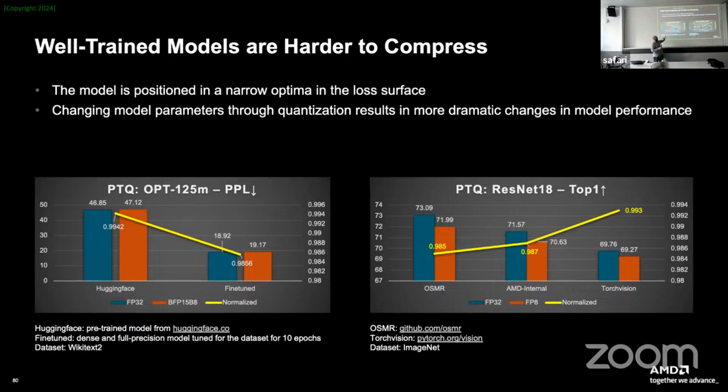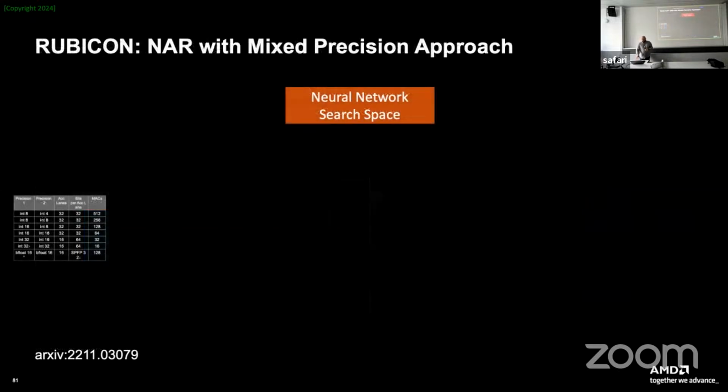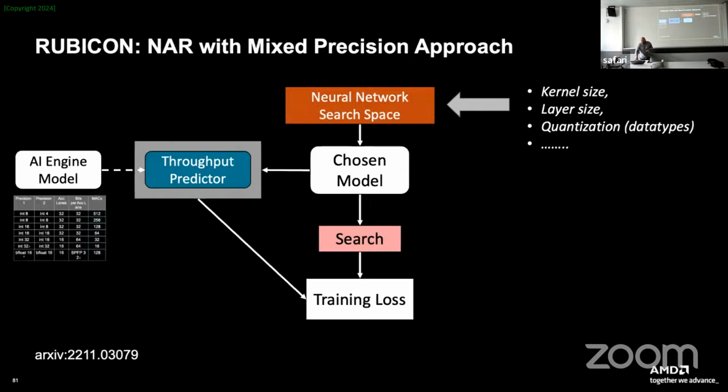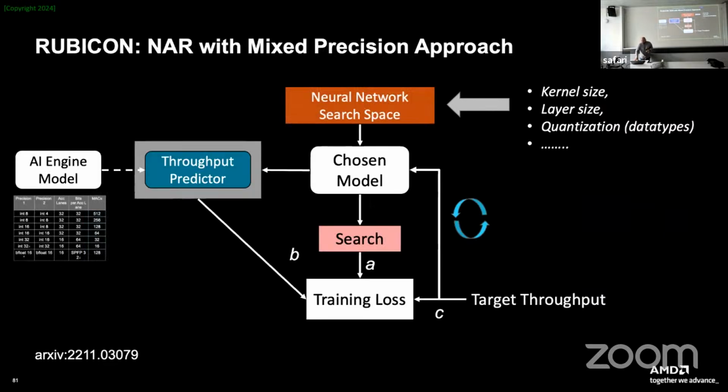When we quantize it with the same method, we get worse results, 98% of the baseline versus 99% of the baseline. And everything here is there to make the point that mixed precision is extremely important, using different data types per layer.